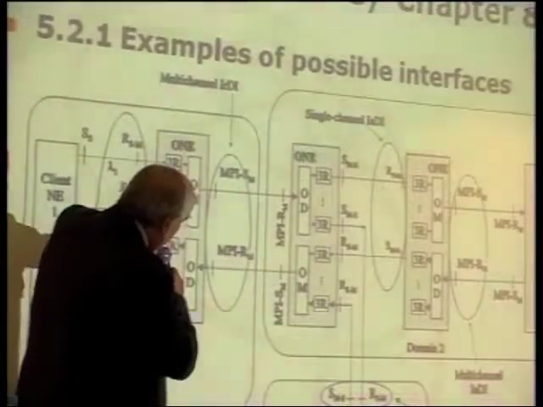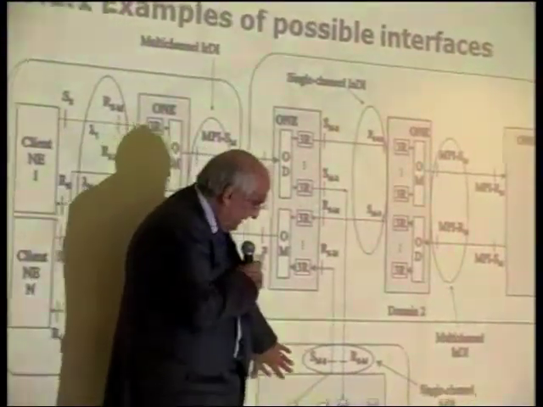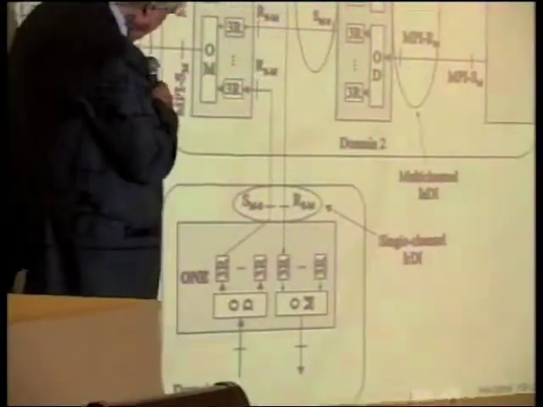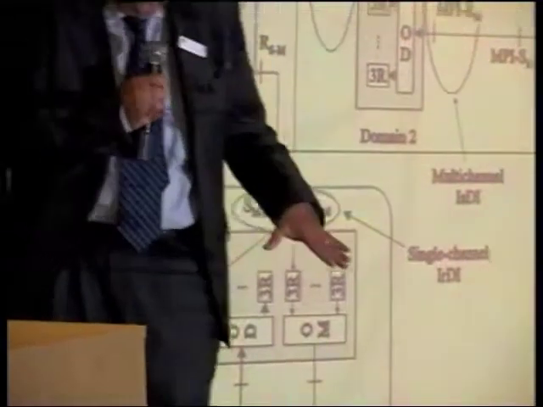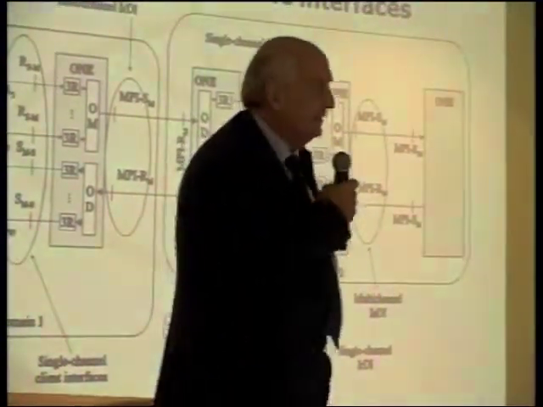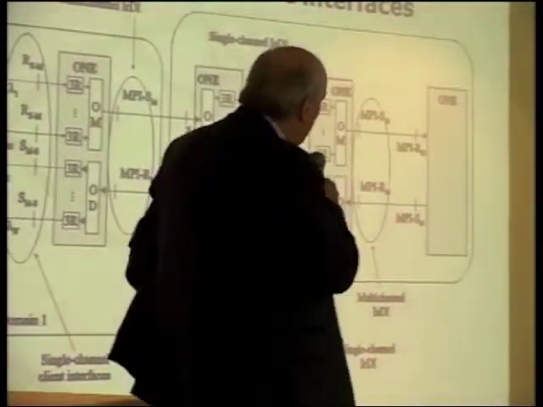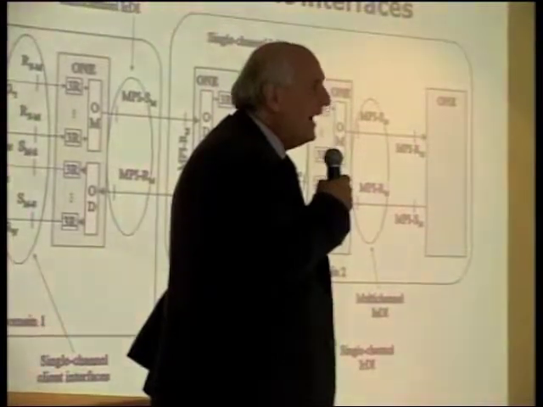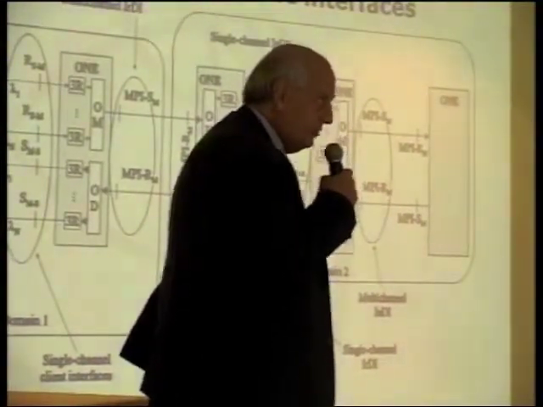We see that we are in the presence of three different administrative domains. 1, 2, 3. I repeat, they could be different countries, they could be different operators, they could be different islands inside the network of a single operator.